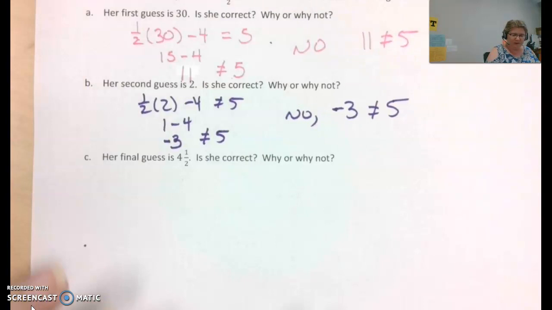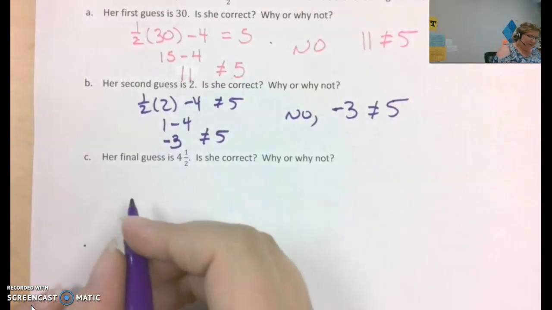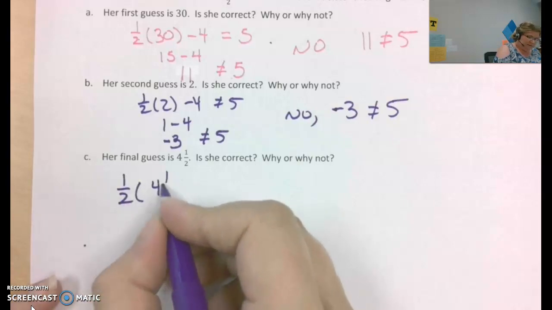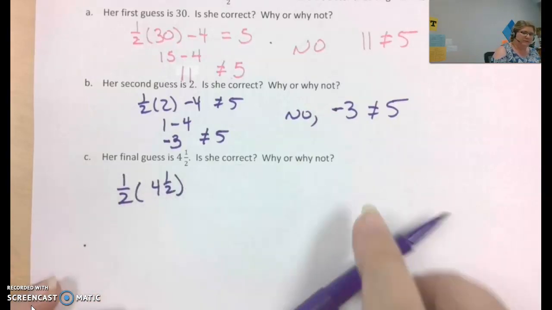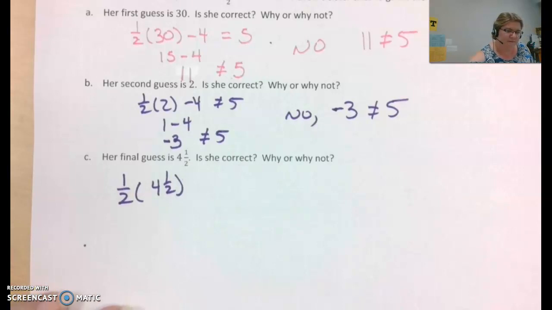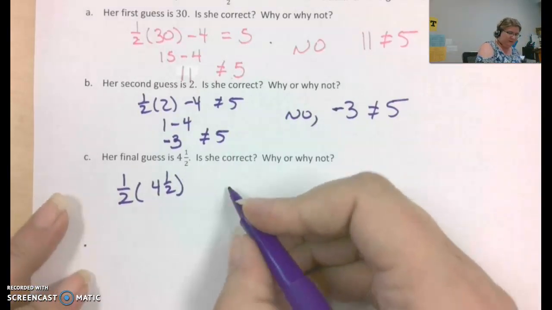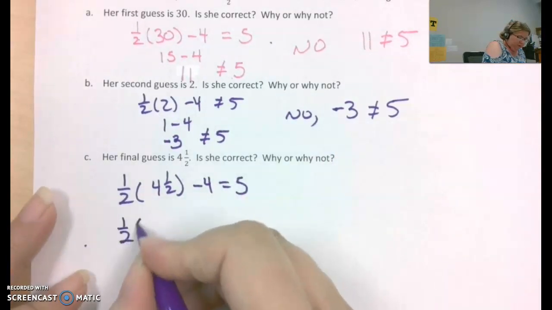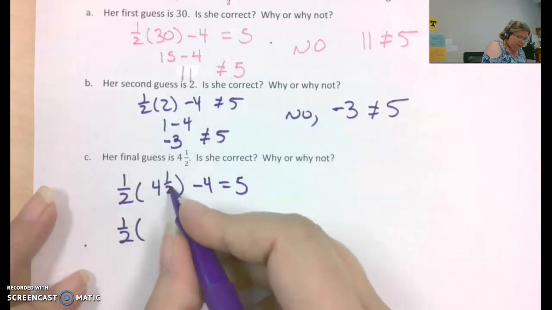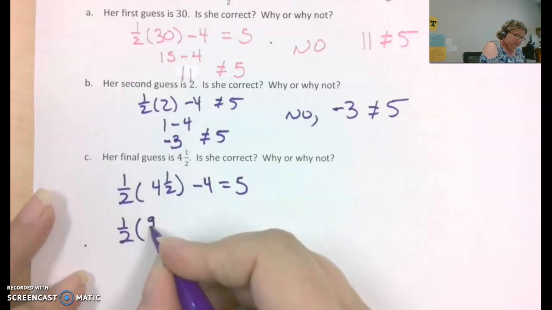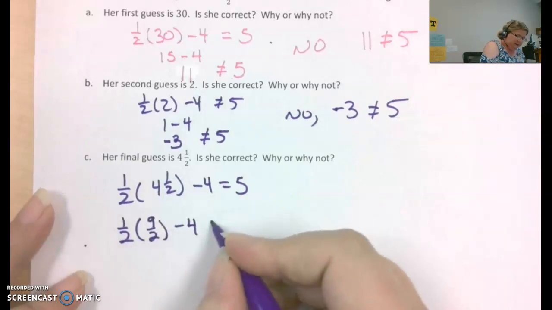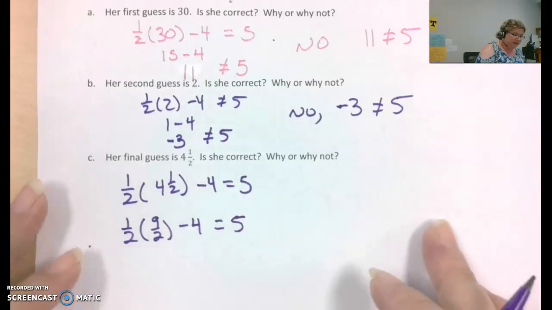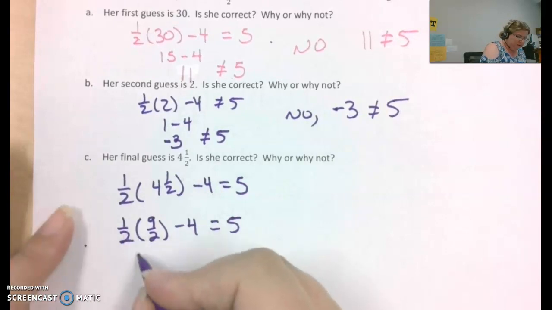She said, well, what about 4 1/2? So we tried that. We did half of 4 1/2. Let's see if this is equal to 5. So 1/2 times 2 times 4 is 8, plus 1 is 9, minus 4 equals 5. We don't know if this equals 5 yet. We're just saying it does, and then we'll mark it out if it's not true.